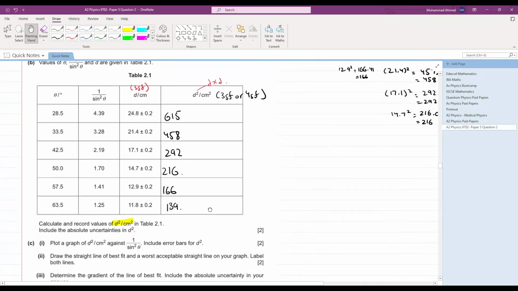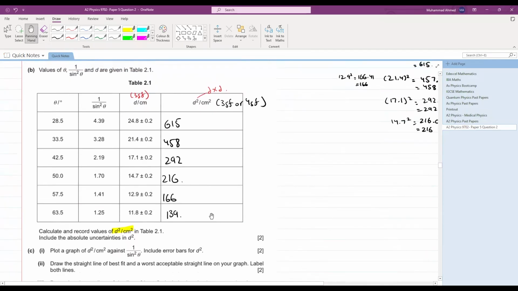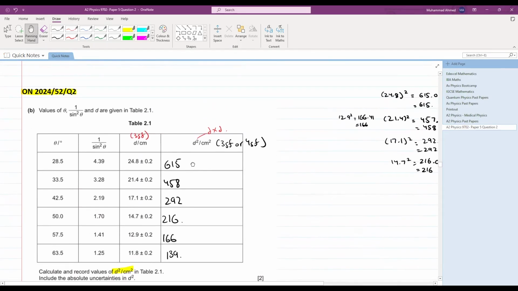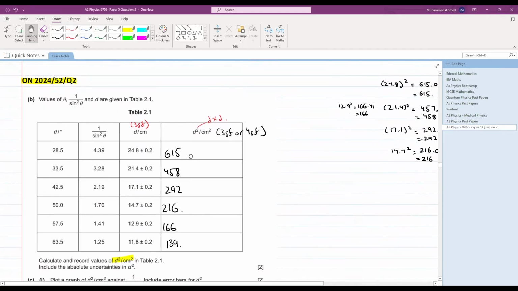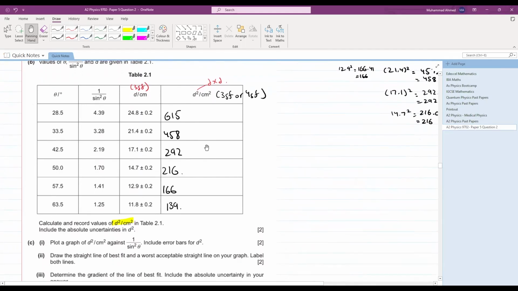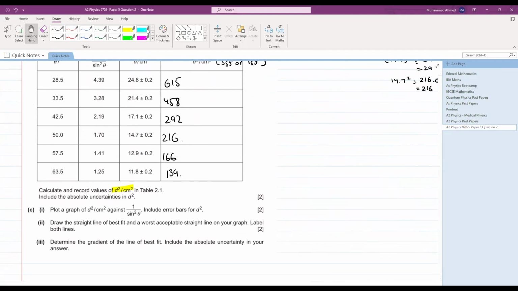Let's move on to a more difficult one. Let's see this one. This paper is October November, paper 5, variant 2, question 2. Perfect. Now here you are given the values of d. You had to calculate d square. We had easily done that. Now we have to also calculate the absolute uncertainties in d square.